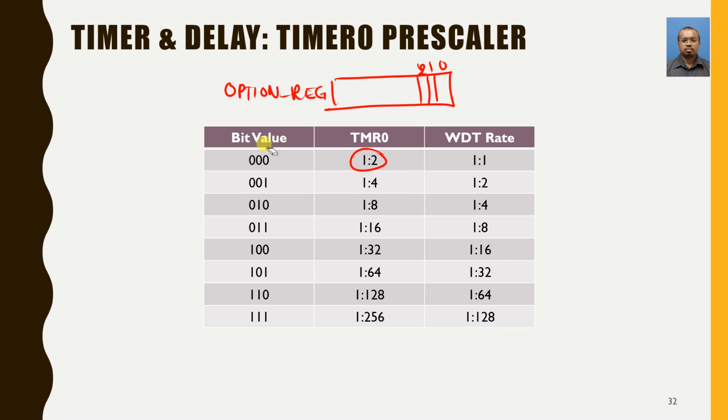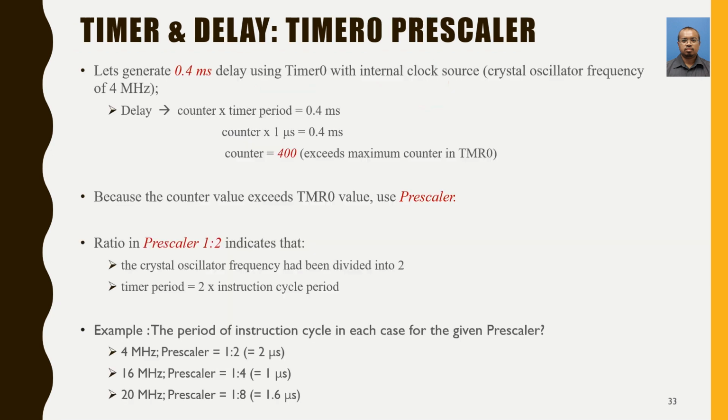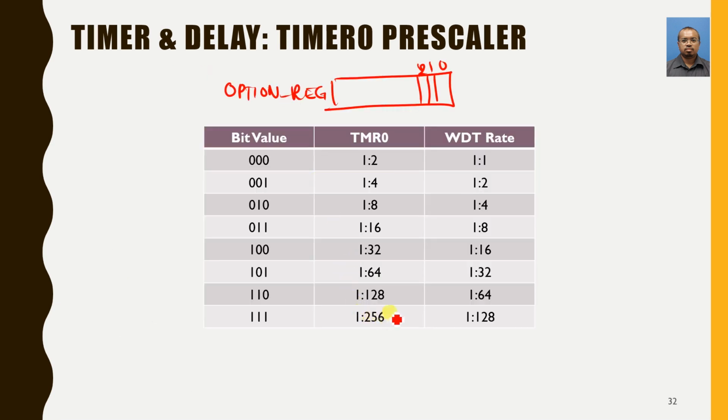But in actual, you divide the frequency by 4. Like this one, you divide the frequency by 2. You have up to a maximum 1 to 256 ratio for timer 0.